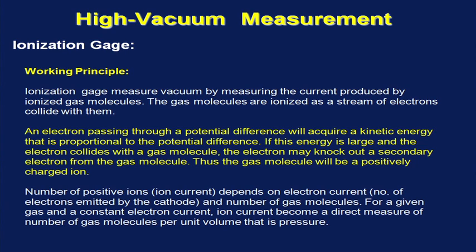An electron passing through a potential difference will acquire a kinetic energy that is proportional to the potential difference. If this energy is large and the electron collides with a gas molecule, the electron may knock out a secondary electron from the gas molecule. Thus, the gas molecule will become a positively charged ion.